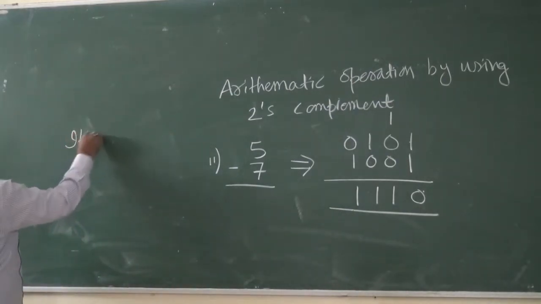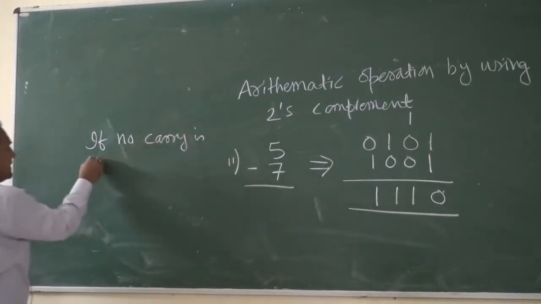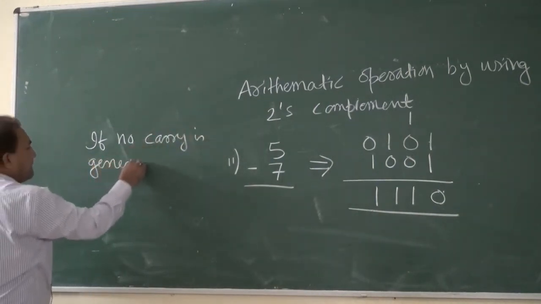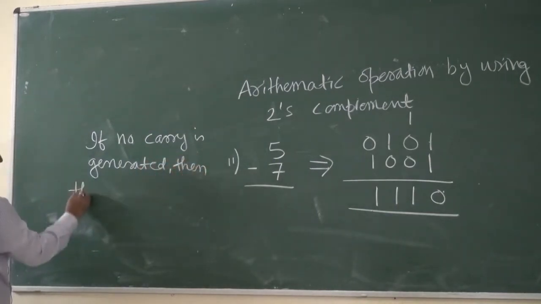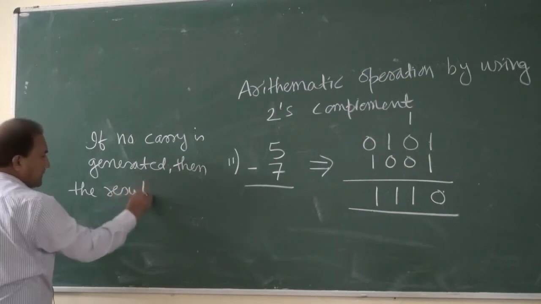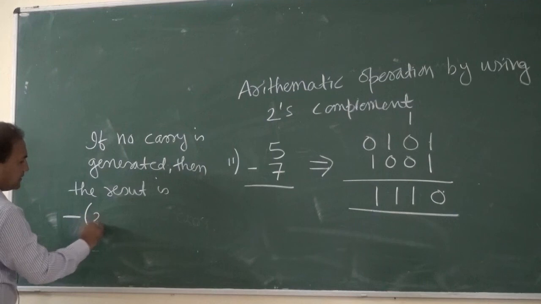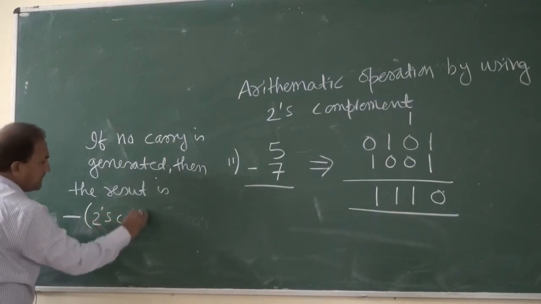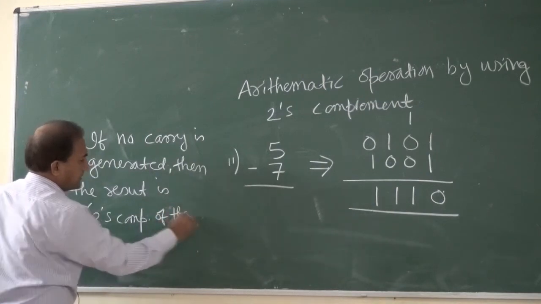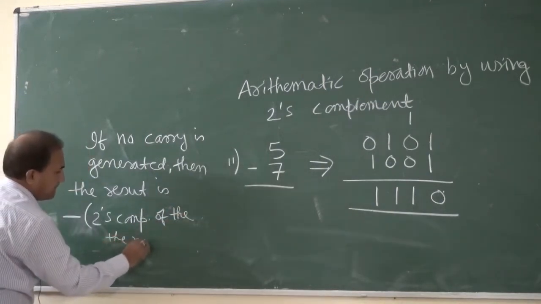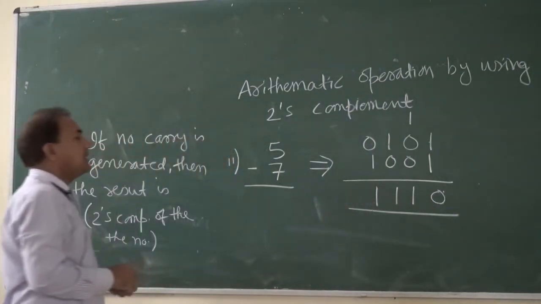So if no carry is generated, then the result is a negative number, but the 2's complement of the number. The number is this number, okay?